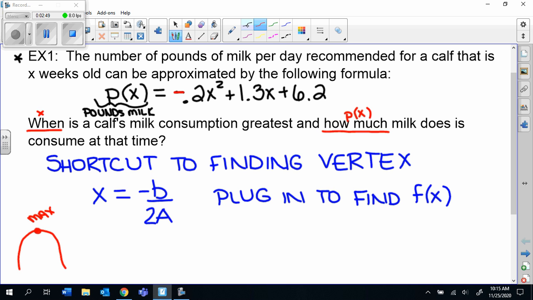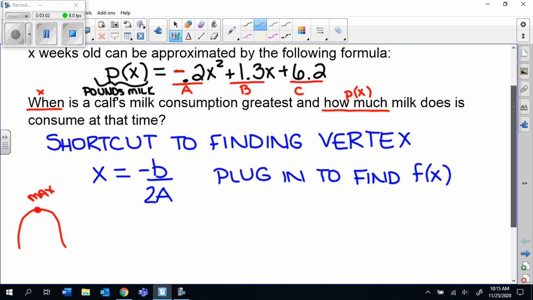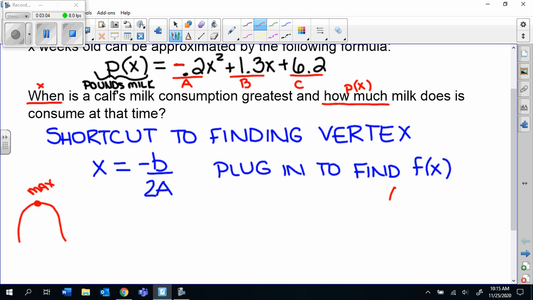So all we need to do is use this shortcut. So this is our a, 1.3 is the b, and 6.2 is the c, and you can tell we don't even use c in the shortcut.